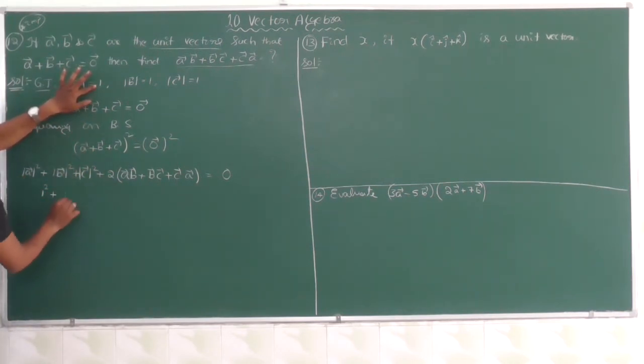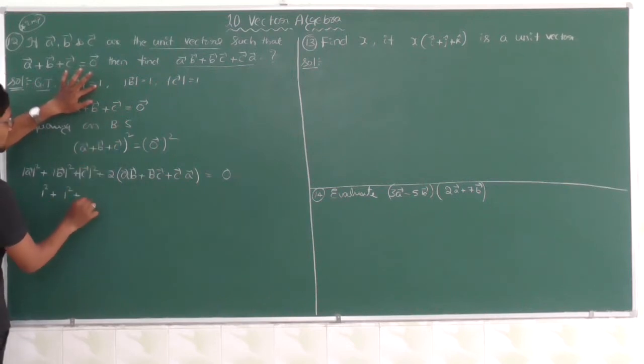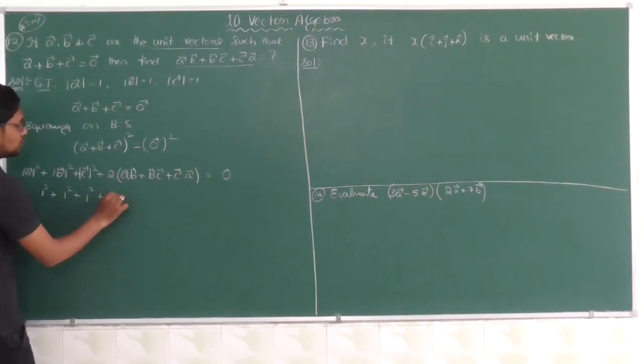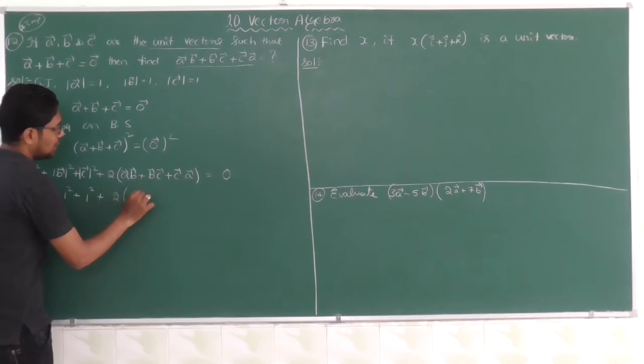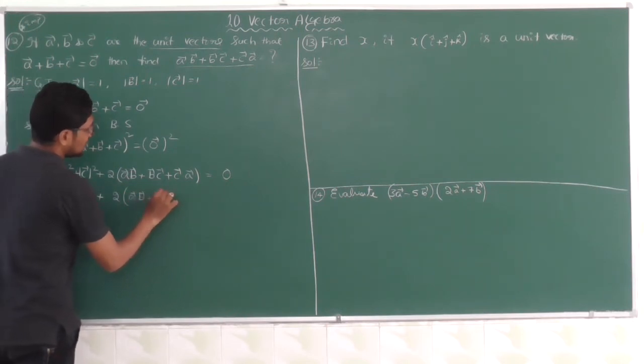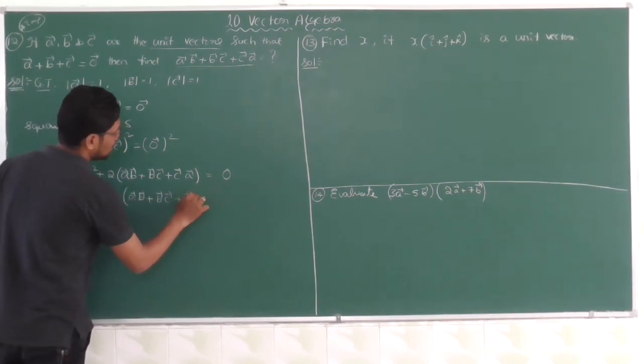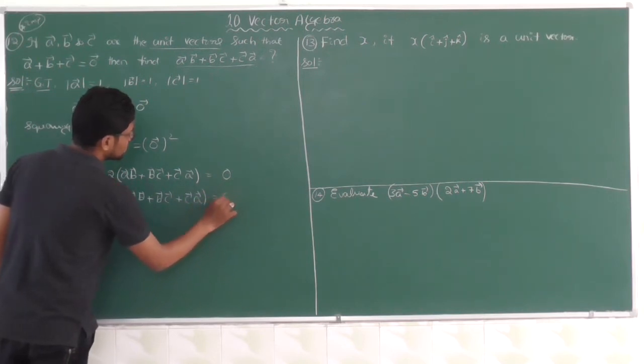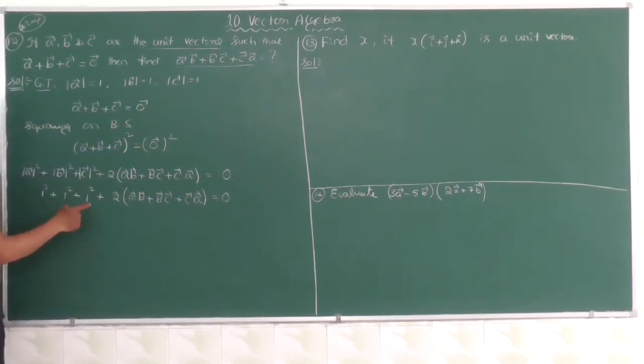Plus magnitude of B is how much? 1 square. Plus magnitude of C is how much? 1 square. Plus 2 times of (A dot B plus BC plus CA) equals 0. 1 plus 1 plus 1 is how much? 3.